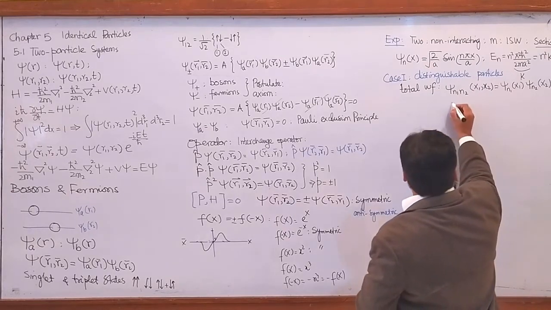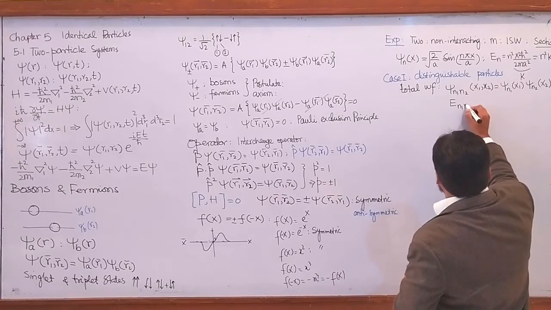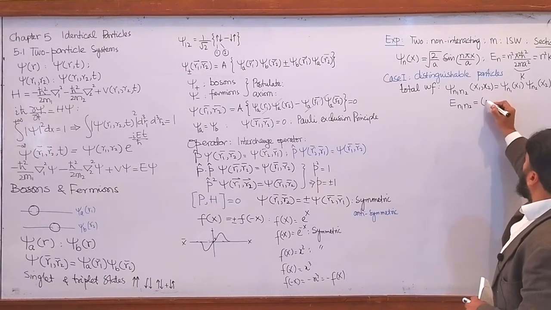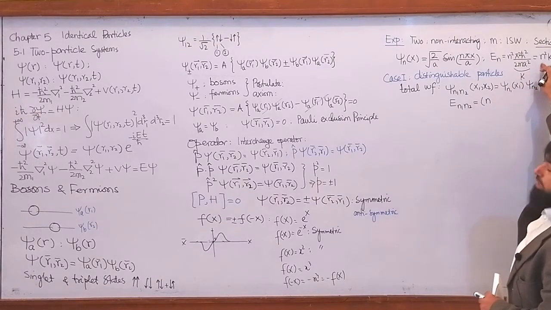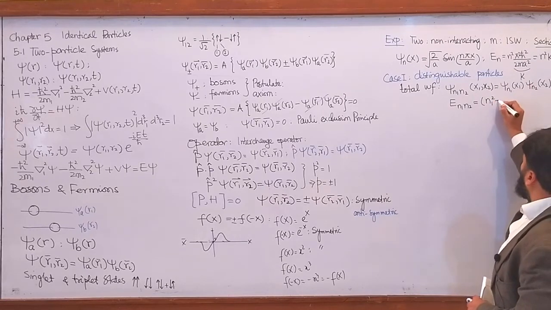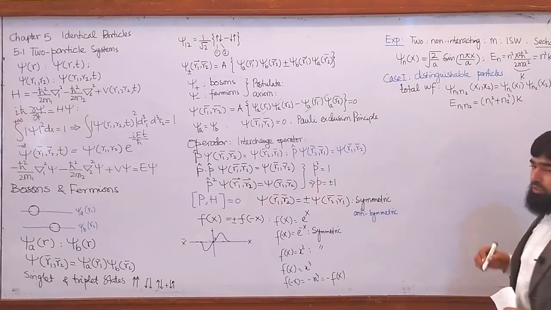Now, what about the energy of this system? The energy of this system will be E n1 n2, and it will be equal to n1 square k plus n2 square k. So I can write (n1 square plus n2 square) k.